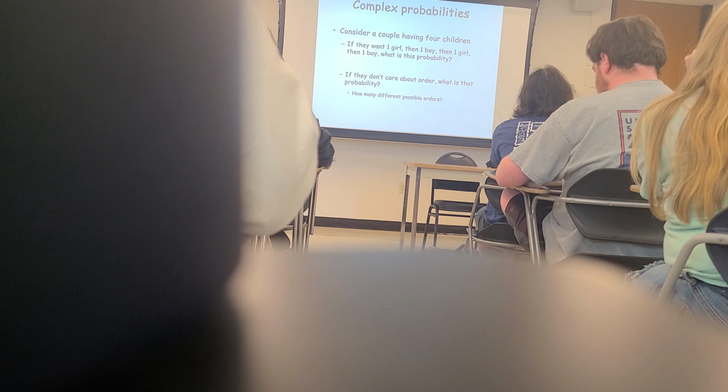And when the probabilities are unchanged, we use what's called the binomial equation for calculating these probabilities. It's not a simple probability, but a more complex probability. And it's a complex probability because order does not matter when we do this calculation.